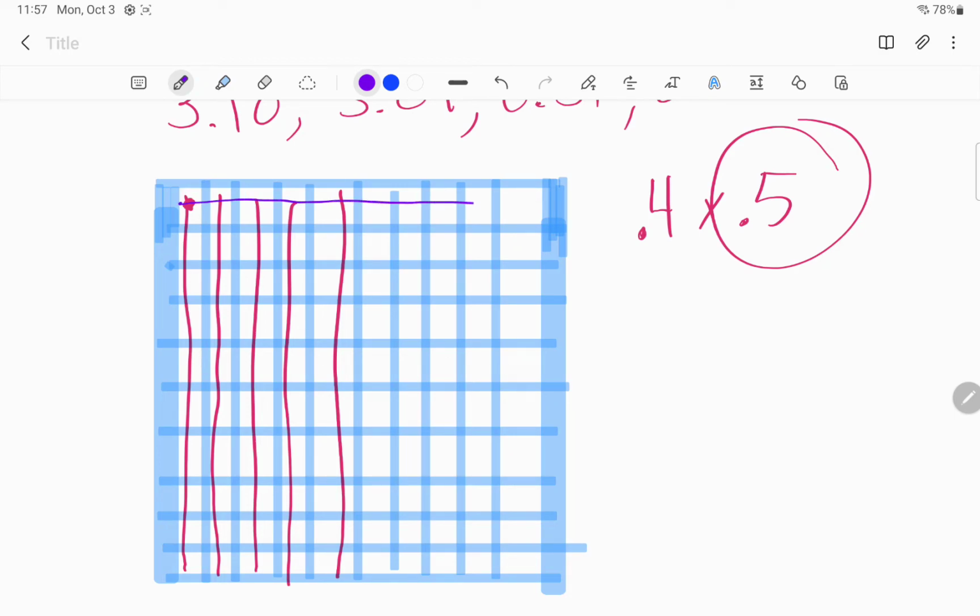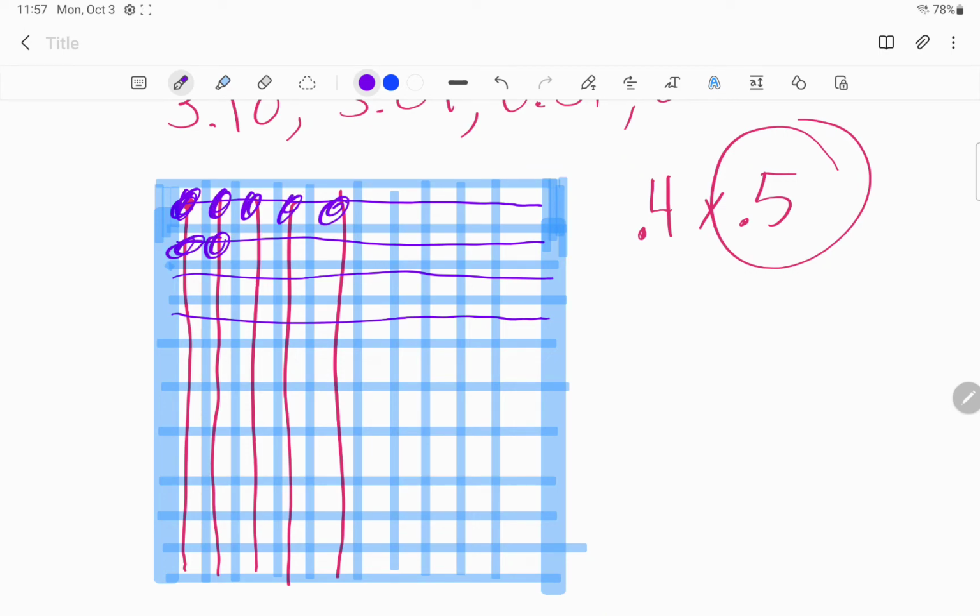So I'm going to go ahead and I'm going to do 4 tenths going this way. And then what that does is it leaves us with these boxes right here. So these numbers have crossed. Make sure your model has both the purple and the red. And that's going to be how much we're looking at.